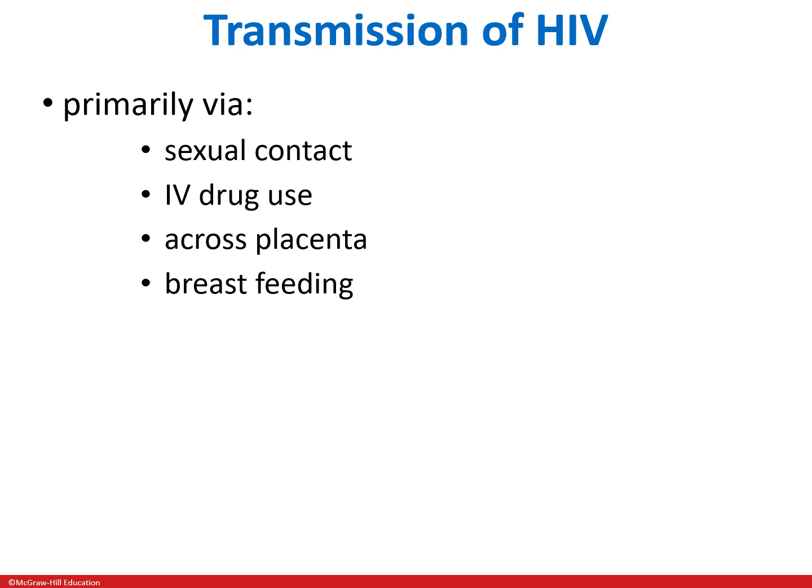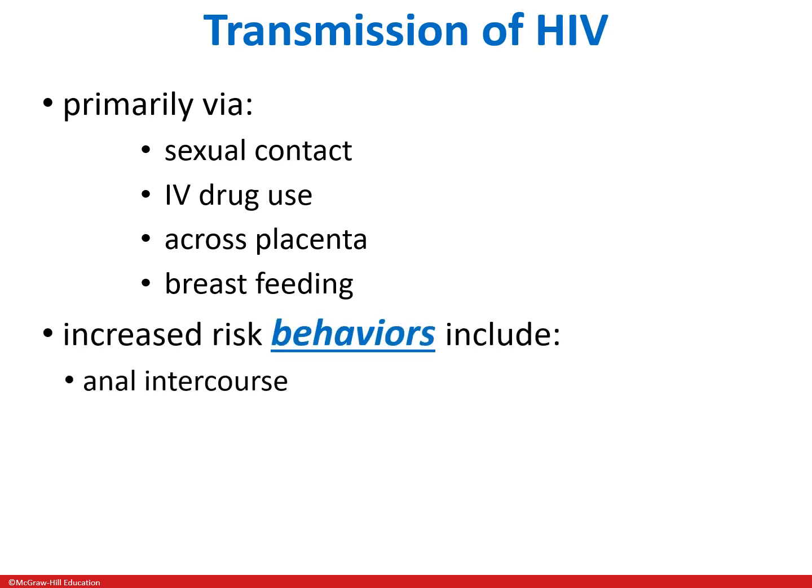It can also be passed through breastfeeding. And so obviously behaviors can increase the risk. So anal intercourse, that part of the body is not physically designed for the kind of friction that happens with sexual contact, which is why it's much more common in that type of behavior.